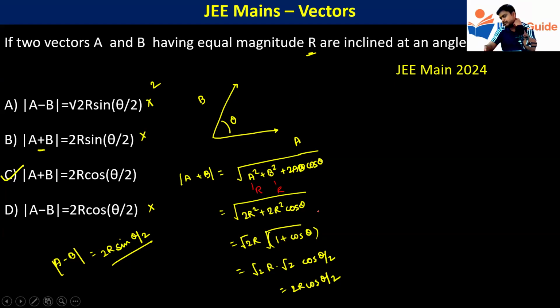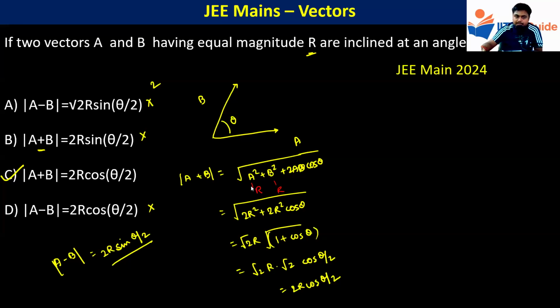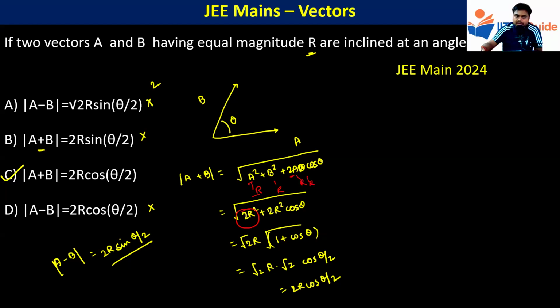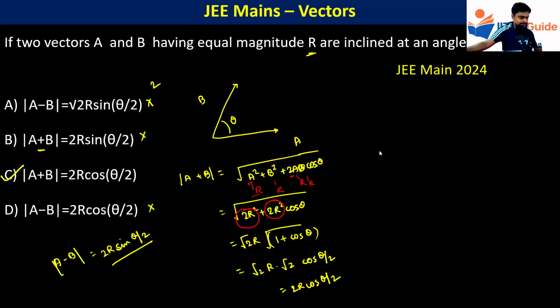Is it clear? Shouldn't it be just R square? Because r square plus r square is 2r square. And okay, here already it's 2 there. So 2r into r, so again it's 2r square. Okay, right. Yeah, thank you. Okay, we proceed ahead.